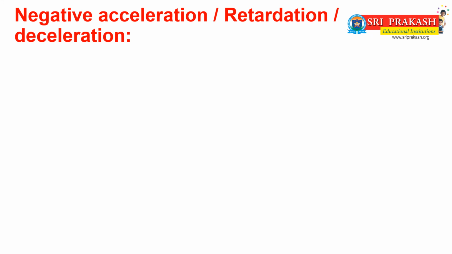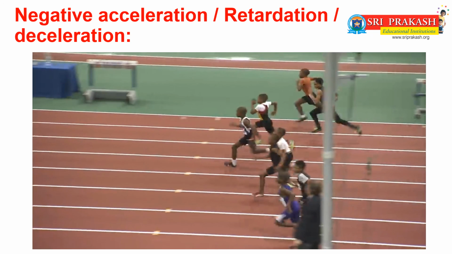Negative acceleration or retardation or deceleration. From the term, it is clear that the direction of acceleration is opposite. It happens if the initial velocity is greater than the final velocity. That is, if an object is decreasing its velocity, then the acceleration is said to be negative acceleration.